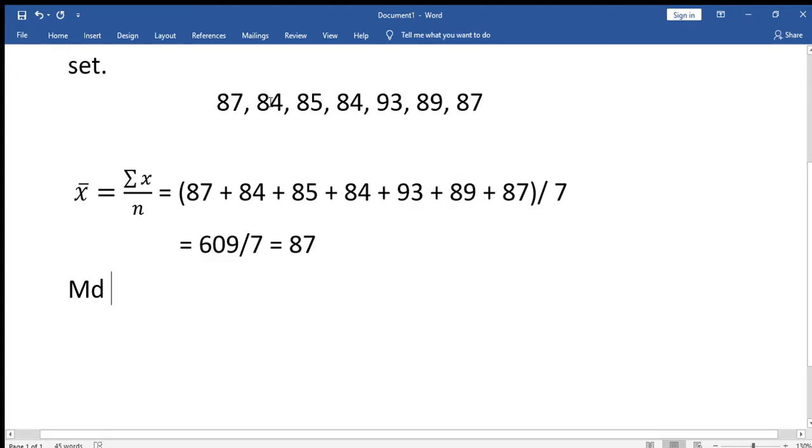From the given data, we are going to arrange our data.